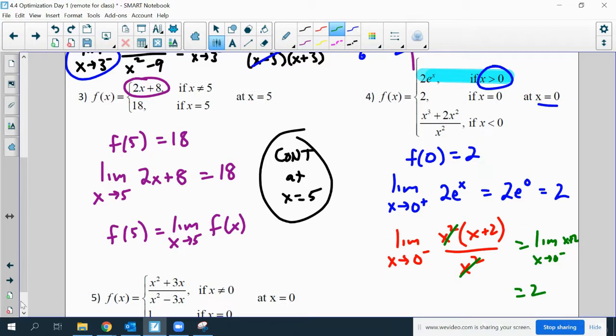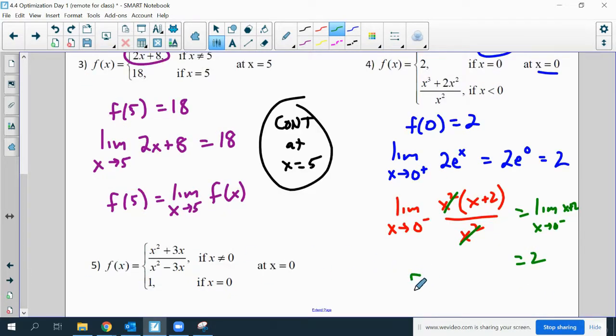So the limit from the left, limit from the right, and the value of the function are all the same. They all equal 2. Therefore, it is continuous at x equals 0.